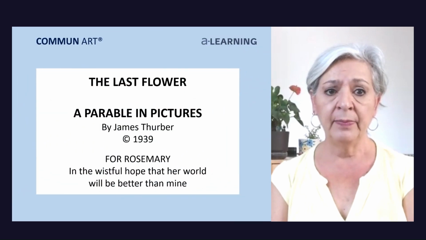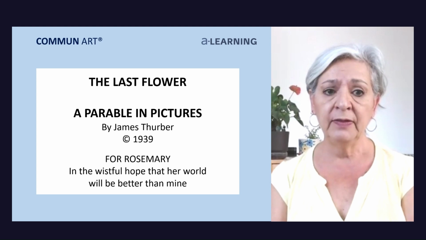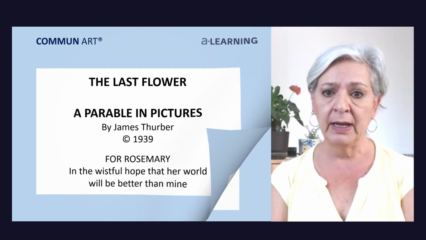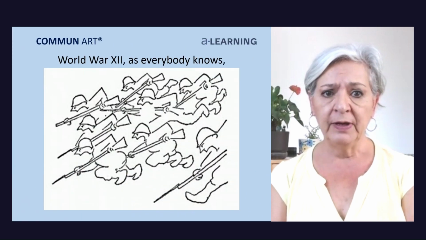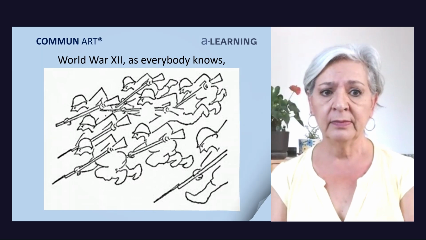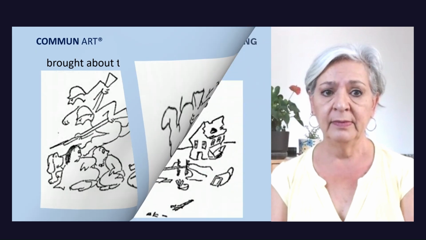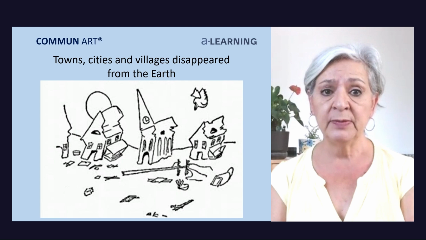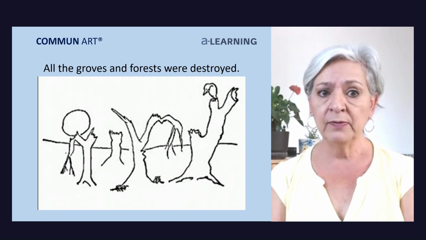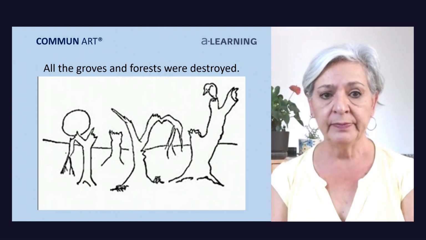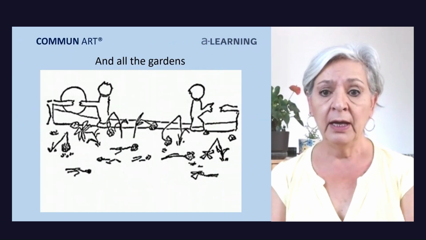The Last Flower, A Parable in Pictures by James Thurber, 1939. For Rosemary, in the wistful hope that her world will be better than mine. World War XII, as everybody knows, brought about the collapse of civilization. Towns, cities, and villages disappeared from the earth. All the groves and forests were destroyed. And all the gardens.